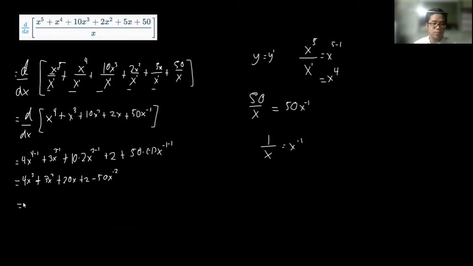Or if you want me to simplify further, this is 4x cubed plus 3x squared plus 20x plus 2 minus 50 over x squared. That's it, right? So either way, these two are both correct. So that is your final answer.